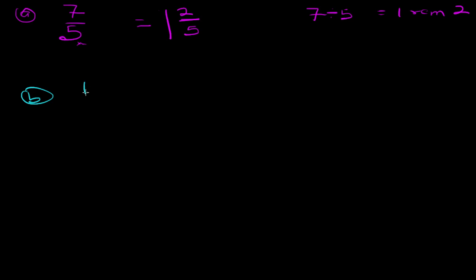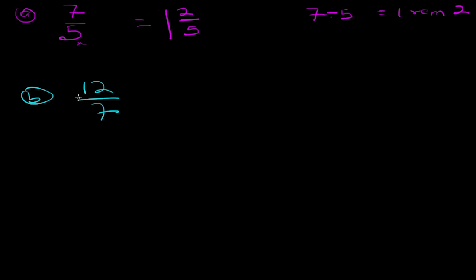Second example is 12/7. 12 over 7 here. We're changing this one to a mixed number. Sorry, it's already improper. Remember what we're going to do?